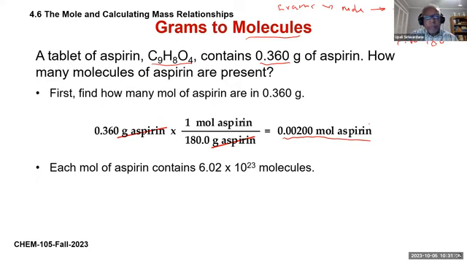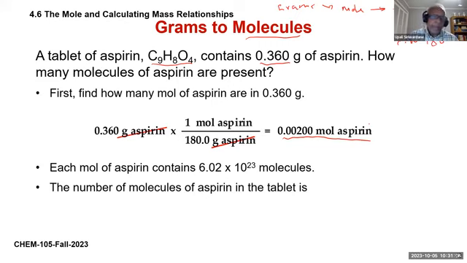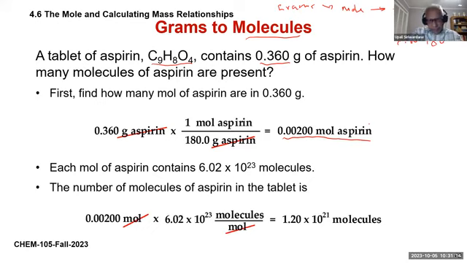Therefore, we have to multiply moles with Avogadro number, which gives how many molecules of aspirin. So once you have moles of anything, to get the number of ions, atoms, or molecules, you multiply with Avogadro number. Moles multiplied with Avogadro number gives the number of particles, which could be ions, molecules, or atoms.